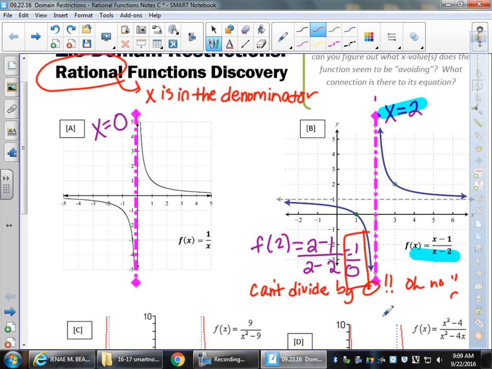What x value made the denominator 0? X equals 2. X equals 2 made the denominator 0. There you go. That's my restriction. So how do I say x can be anything I want, just not 2? That's now what we have to figure out. How do we write that in math? Anything I want, not 2.